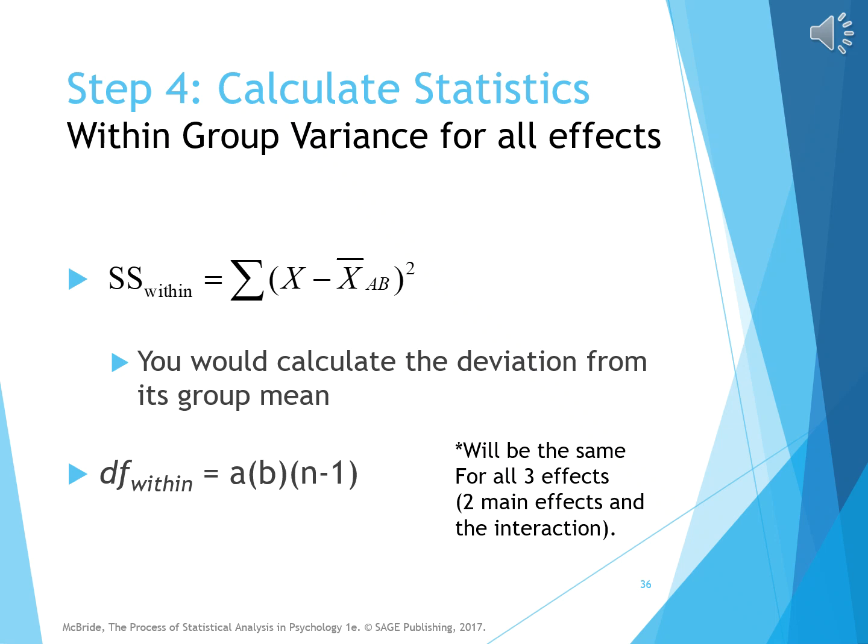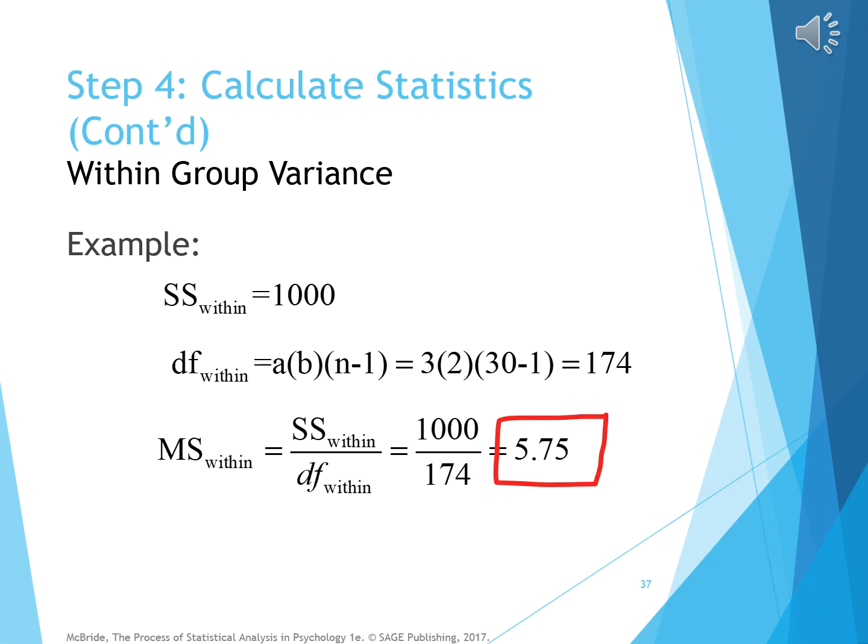And you would calculate the degrees of freedom within as the number of levels from independent variable A, times the number of levels in independent variable B, and then multiply that by the number of people in each group minus 1. So the book just gives you that the sums of squares within is 1,000.